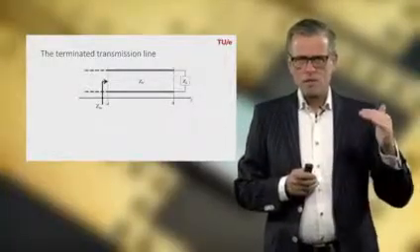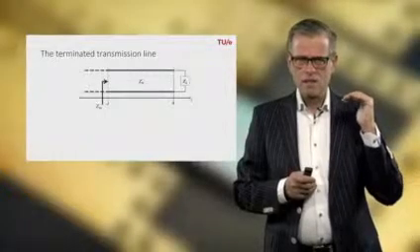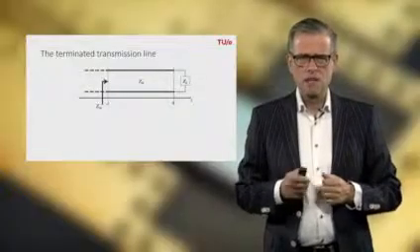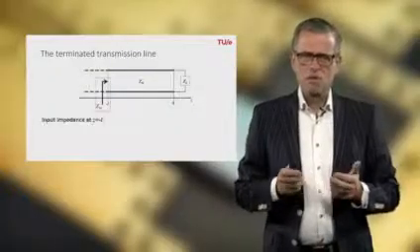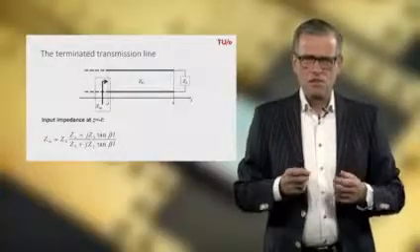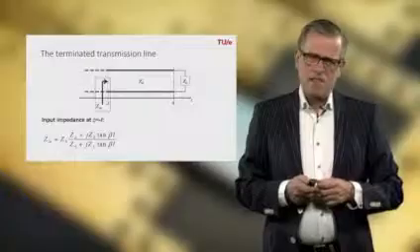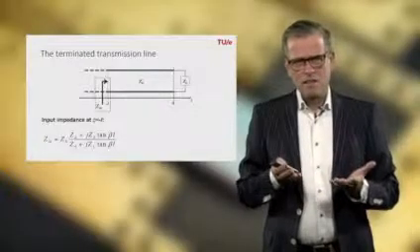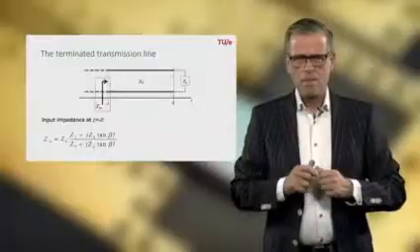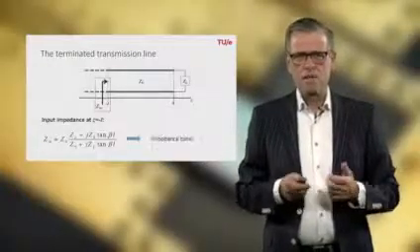When we look into this line section of length L and try to determine the input impedance, we have shown in one of the previous web lectures that it is given by this equation, which in fact is a varying input impedance, since when varying the length L, we can change this impedance. So in fact, this is an impedance tuner.